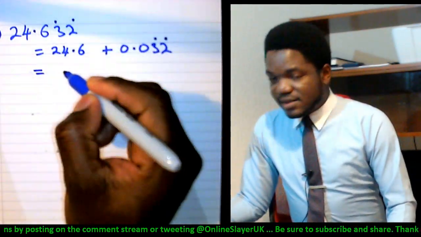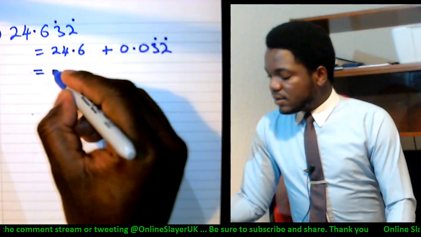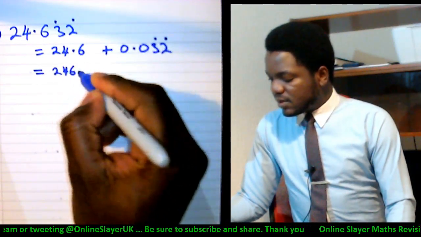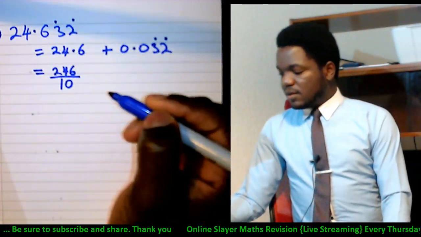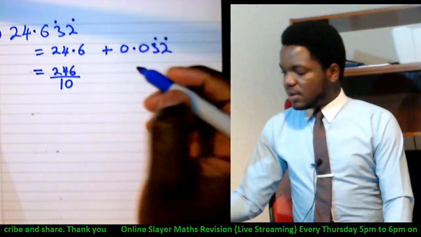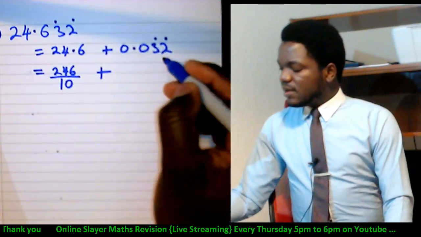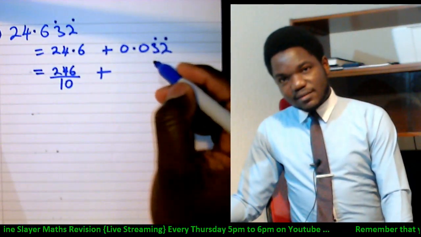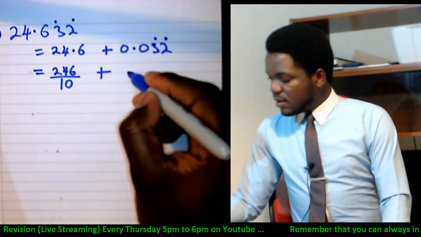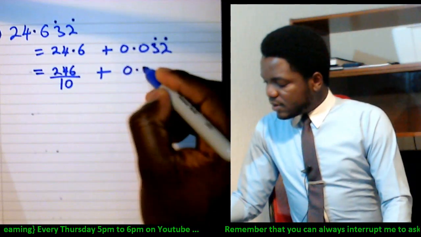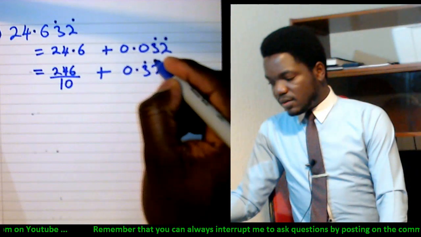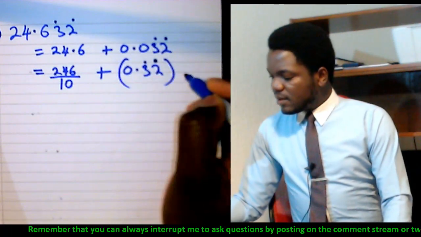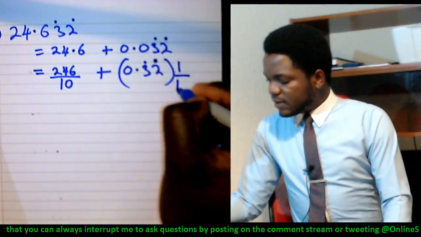Now this is the same thing as 246 divided by 10. Okay, and plus this is the same thing as 0.32 with a dot on them multiplied by 1 over 10.